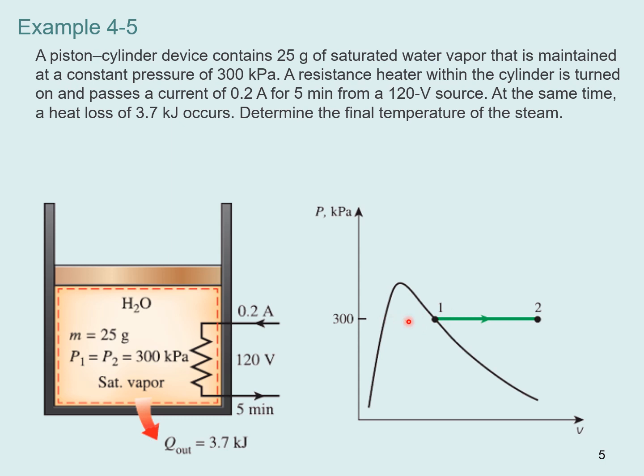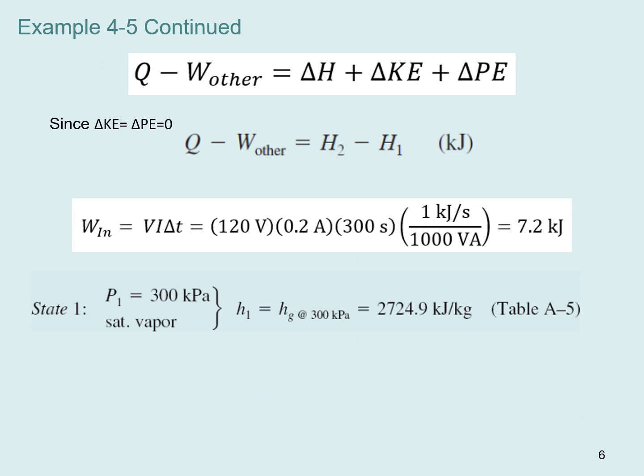If it's somewhere in between, if it's a liquid-vapor mixture, then you know it's somewhere in between here and it has a quality. So again, you have to really pay attention to the wording in the problems. Since this is at a constant pressure, we're going to use the second formula.